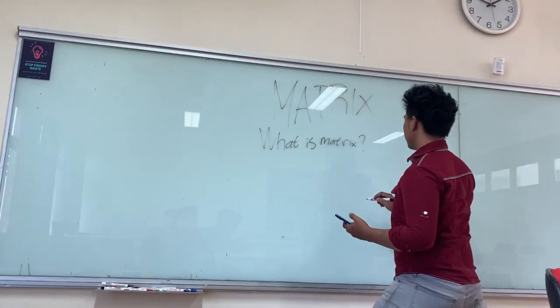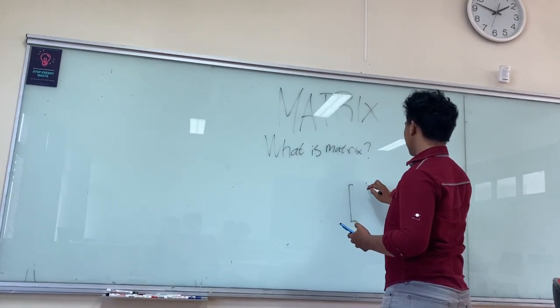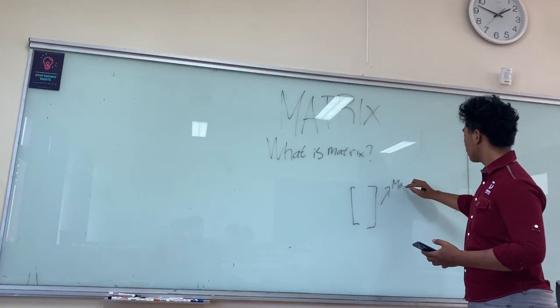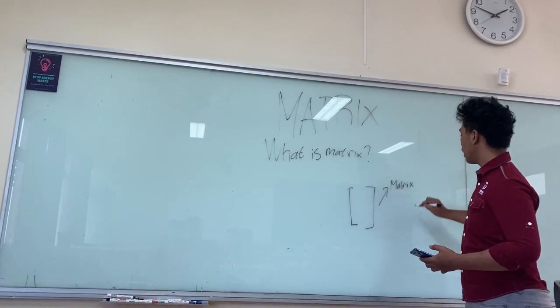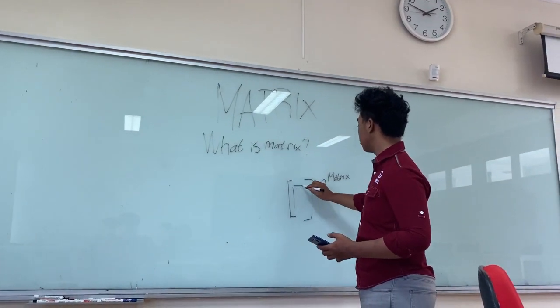Rows are the ones that go like this. So this is the symbol of matrix, and there will be a row and a column.